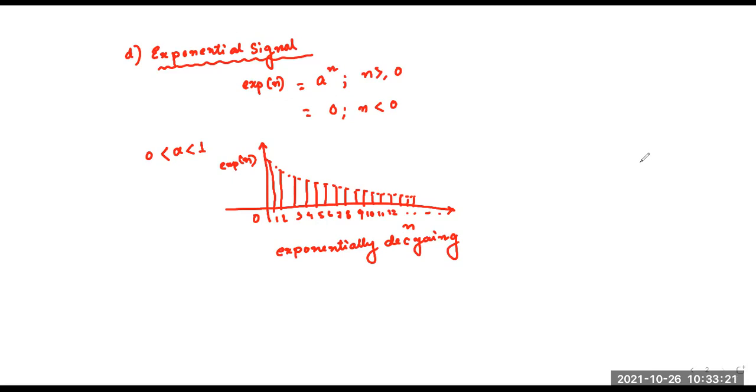And another is exponentially rising. So what happens when a is greater than 1? At that time it will have an exponentially rising signal, and that will be like this.